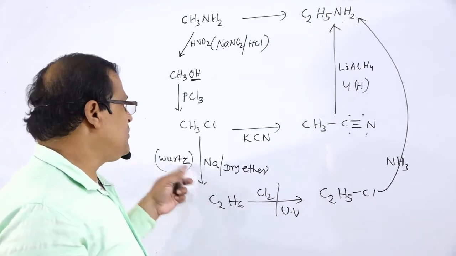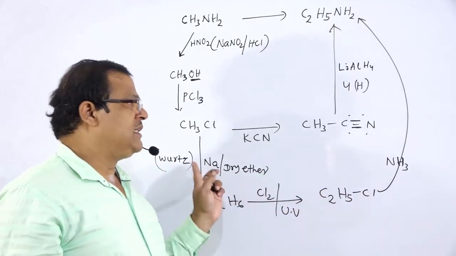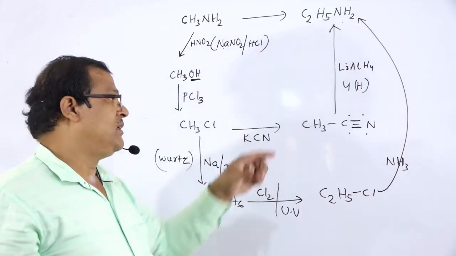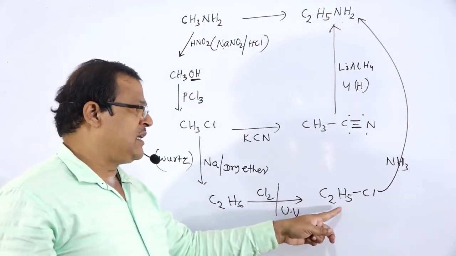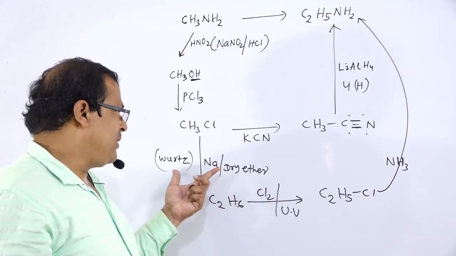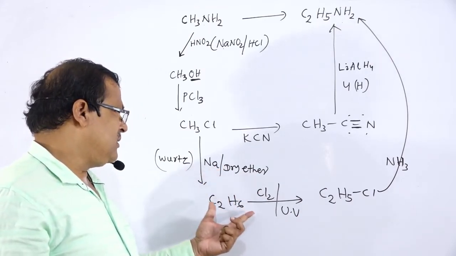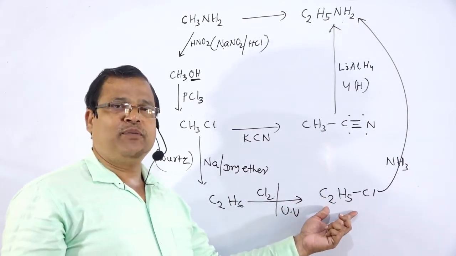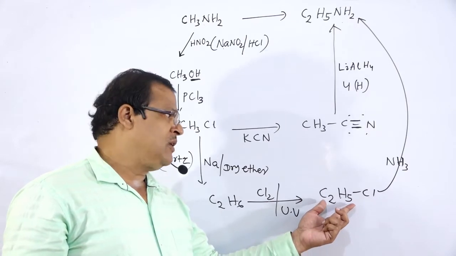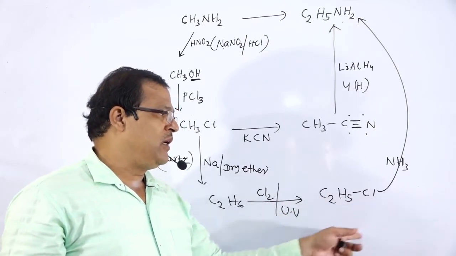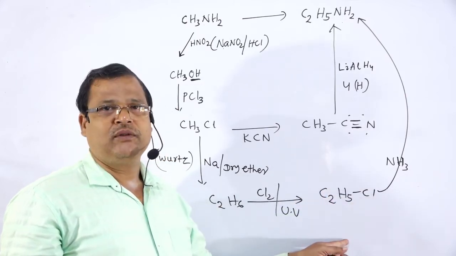But this is not the suitable method. Why is this not treated as a suitable method? Because whenever this compound is treated with chlorine in the presence of UV, there is a chance of replacement of other hydrogen atoms by chlorine, so different types of chloro compounds may be formed.